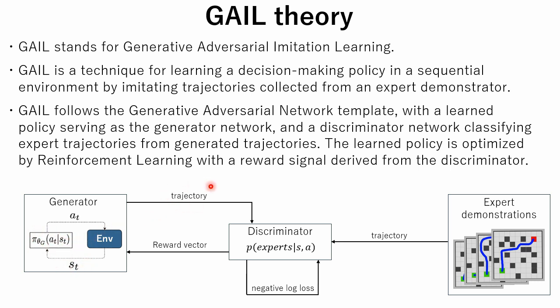The trajectory obtained from the generator is also used in the discriminator to distinguish the expert trajectories from the trajectories produced by the policy. By calculating the optimal negative log loss of the binary classification problem, the discriminator outputs a reward vector which is then used to optimize the policy in the generator.